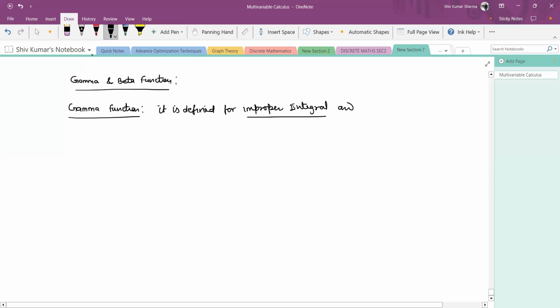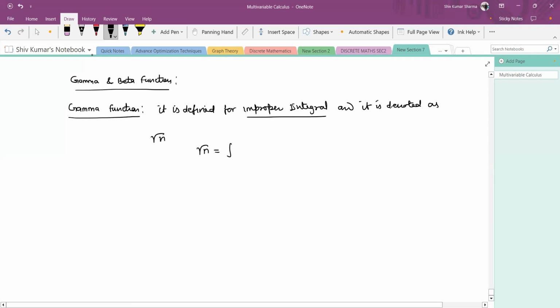It is denoted as gamma n. So this is the symbol to represent the gamma. We write down the definition of gamma function.